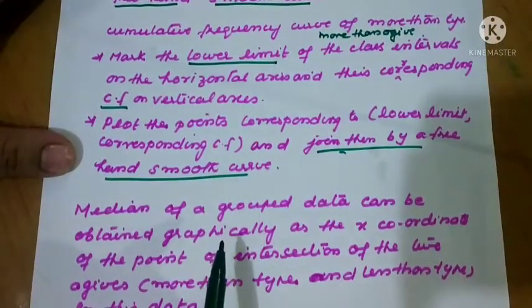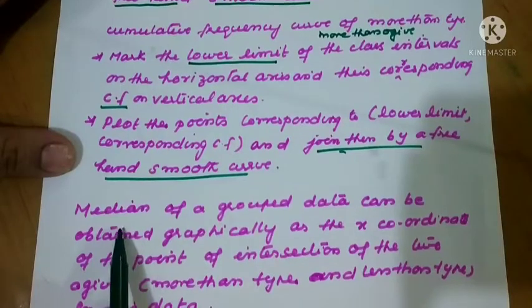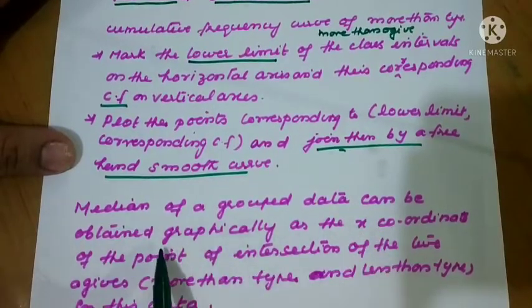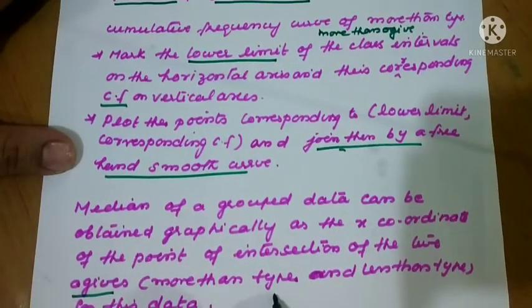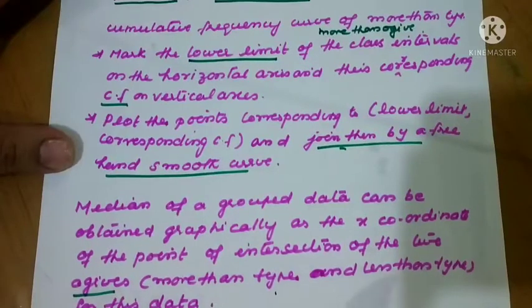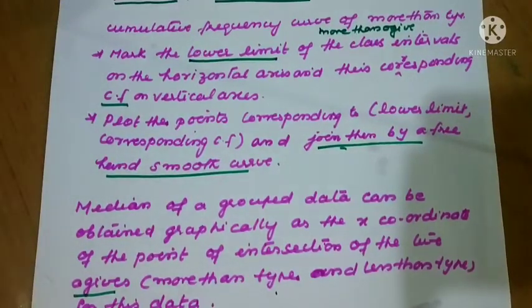Now, what is the advantage of this graph? The median of grouped data can be obtained graphically as the x-coordinate of the point of intersection of the two ogives, the more than and the less than for the data. So the median of the data is also calculated from these two graphs.